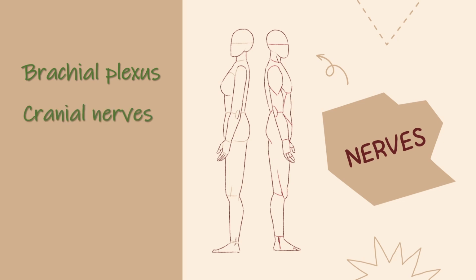Anyway, you will get questions from brachial plexus. Sometimes you may get questions from divisions of brachial plexus or branches, cords or root values. For example, ulnar nerve is from medial cord, radial nerve is from posterior cord. So this type of questions will be asked.